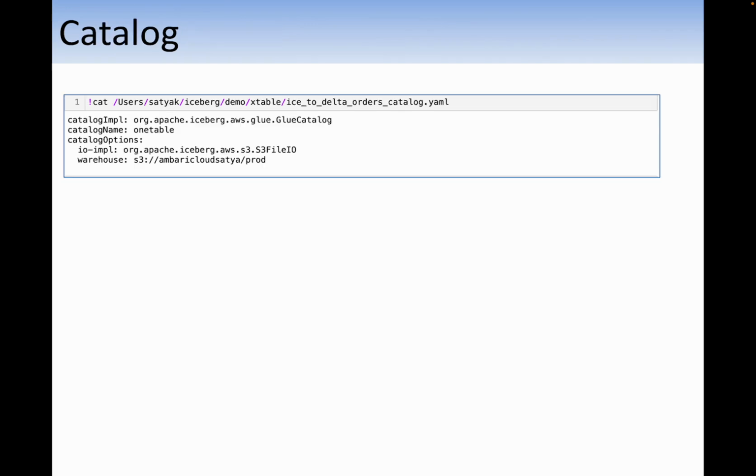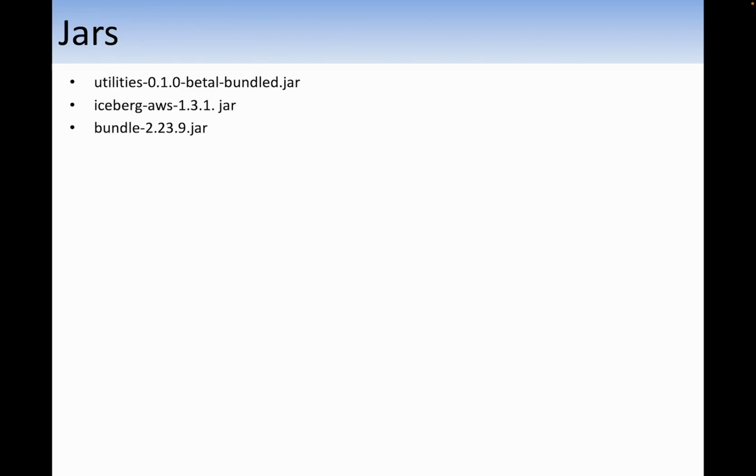Then we need to provide the catalog information for the XTable configuration, right? So here the catalog implementation is the Glue catalog. In the Iceberg library, there are a variety of catalogs. We need to define what catalog implementation you are using. Then IO implementation, of course, S3 FileIO.